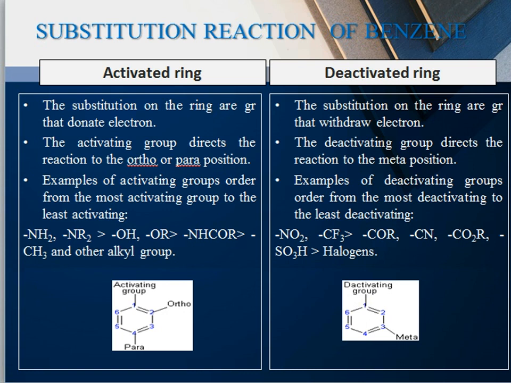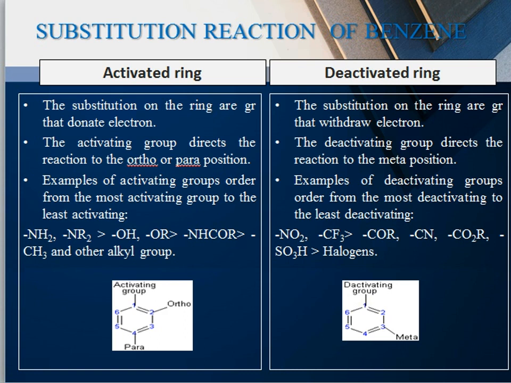So here, the groups which attach to the benzene ring either activate or deactivate the aromatic ring. Firstly, the groups which activate the ring are those that donate electrons, and they direct the incoming group to the ortho and para positions, only the ortho and para positions.